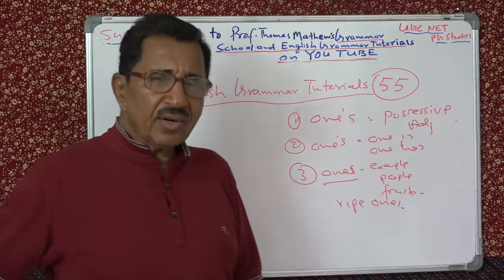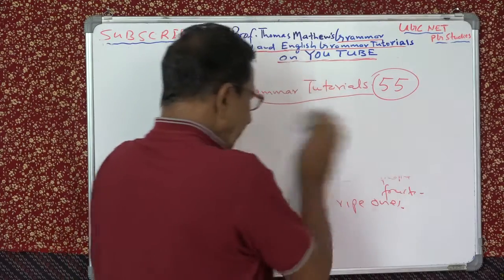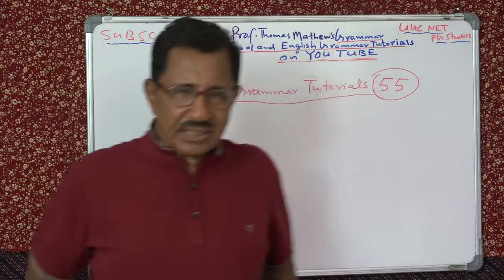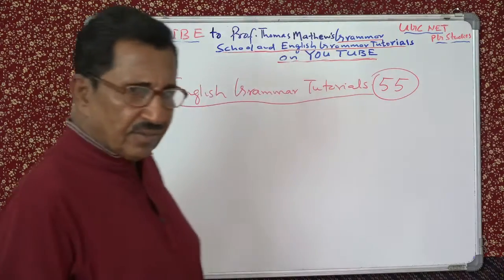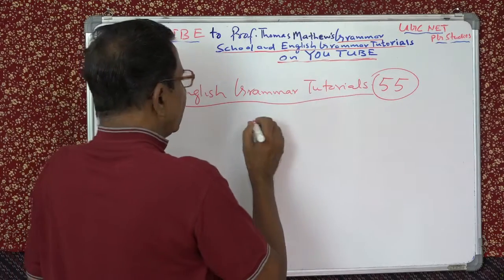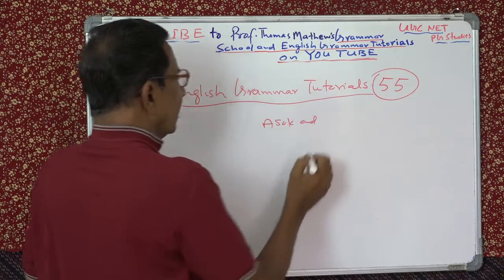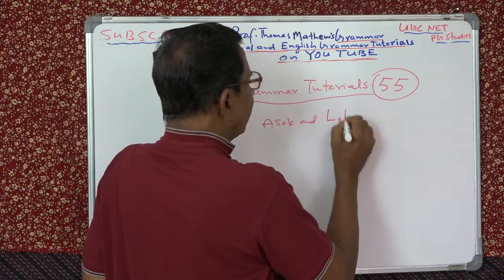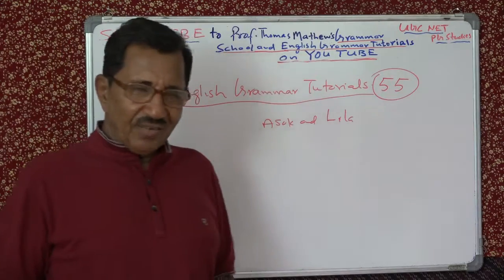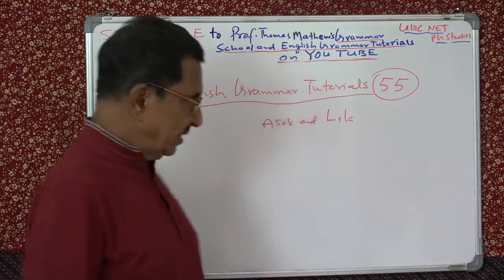All of it. Now you have got a problem. Not a problem, it's an interesting thing for us. Suppose we get a mix, what do you do? There are three options. Mixing two persons, Ashok and Laila. Where will you put the apostrophe? If you consider it as one unit, the apostrophe is on the second.